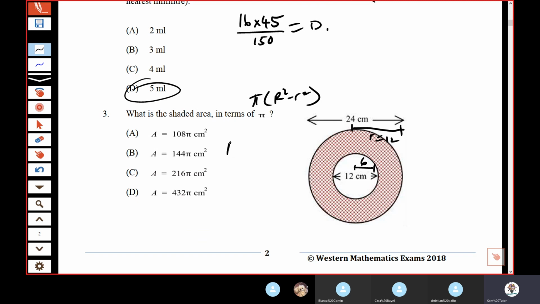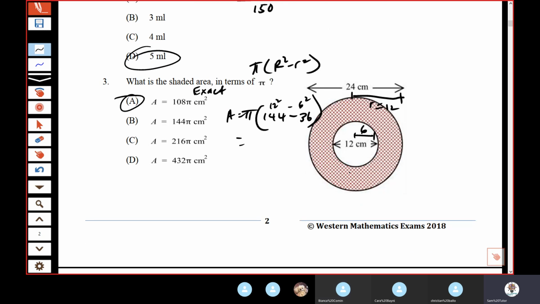So 12 squared, 144, minus 6 squared, 36. That's 108 pi. Whenever you see the words in terms of pi, or exact, it means don't plug pi into your calculator. So just leave it as exact, which is 108 pi.